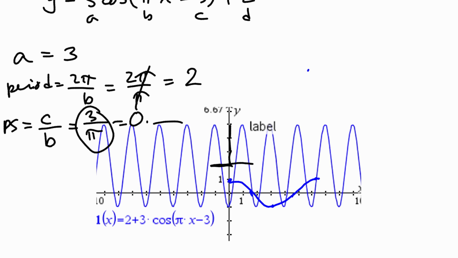My phase shift in this case is 3 divided by pi, or 0.9 something or other. So rather than starting here, the graph is being shifted over by almost 1, so it should be starting here. It's had some other transformations, but the top is starting right there, just before 1. Hopefully that helps you with those questions.